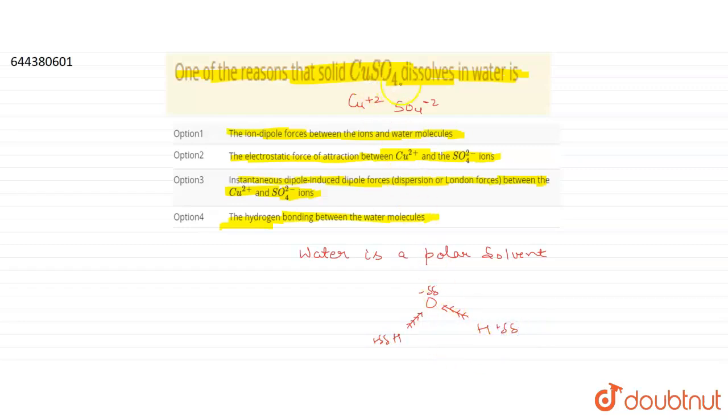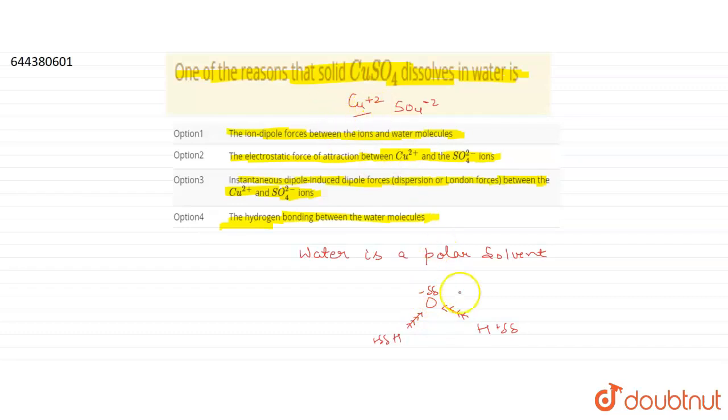Okay, so when CuSO4 is put in the water, or we can say dissolved in the water, the polarity of the water leads to the copper ions being attracted towards the oxygen, because oxygen has a partially negative charge and copper has a +2 charge.